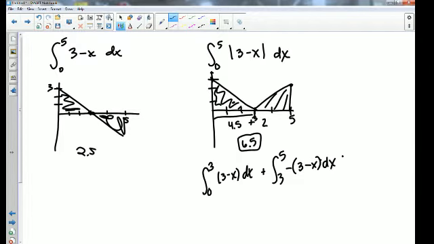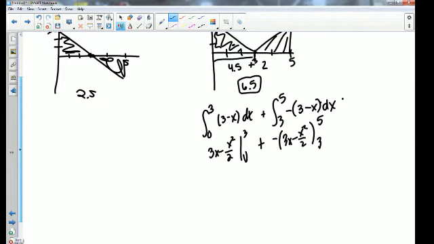Okay. So what's the antiderivative of this? 3x minus x squared over 2. Plus, or do you want me to just make it a minus? Doesn't matter. Negative 3x minus x squared over 2, from 3 to 5. So absolute values give you a little bit more work to do, but not that big a deal. So 3 times 3 minus 3 squared over 2.